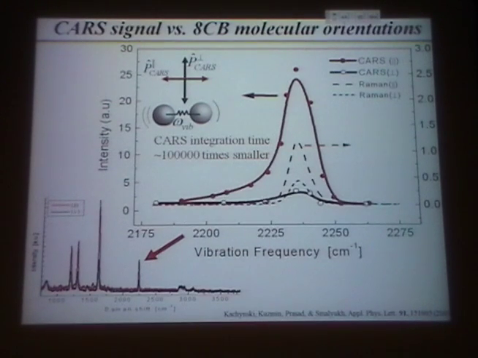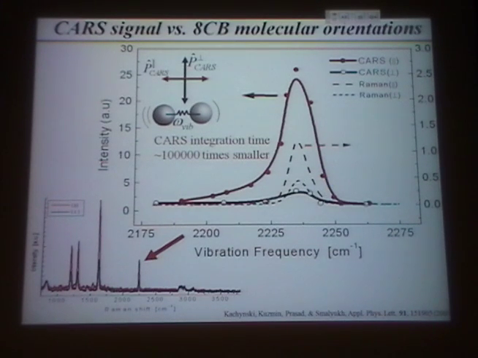If, instead of regular conventional Raman scattering, we obtain coherent anti-Stokes Raman scattering, say corresponding to this peak, the peak corresponding to the CN chemical bond, we can obtain CARS spectra, this very region in here, and you can see that the signal now is many orders of magnitude stronger compared to the conventional Raman scattering process.